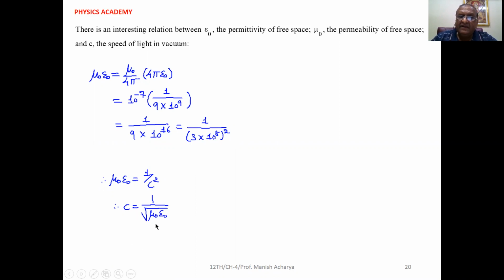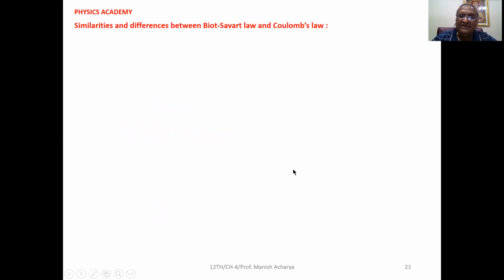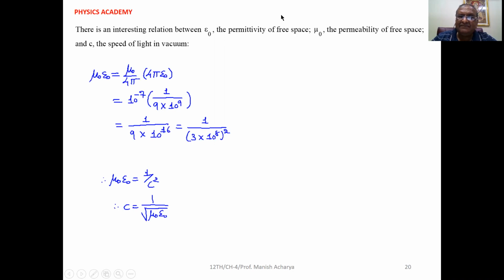Here see, if you take the unit of mu0 and epsilon0 and solve it, you will get the resultant unit meter per second. If you take the dimensional formula of mu0 and epsilon0 in this equation and solve it, then the resultant dimensional formula obtained will be L1 T minus 1. Okay. So this one is the relationship. Clear?